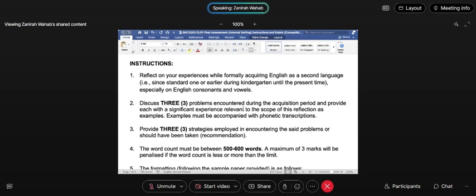So these would be the reasons I'm looking for when you say that this consonant is, let's say, mispronounced by me for a couple of years until I was in standard 6, for example. So why do you think that is correct, and what happened that makes you realize that was actually wrong? Or when you learn phonetics and phonology, then you realize that certain ways of you pronouncing vowels, for instance, is wrong.